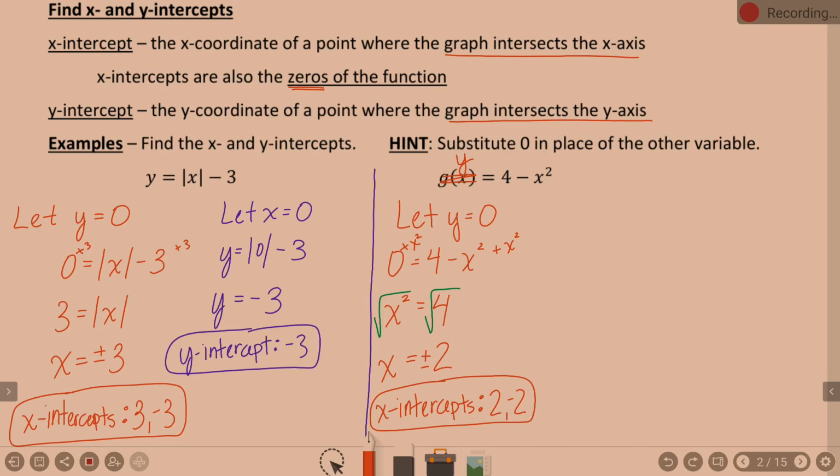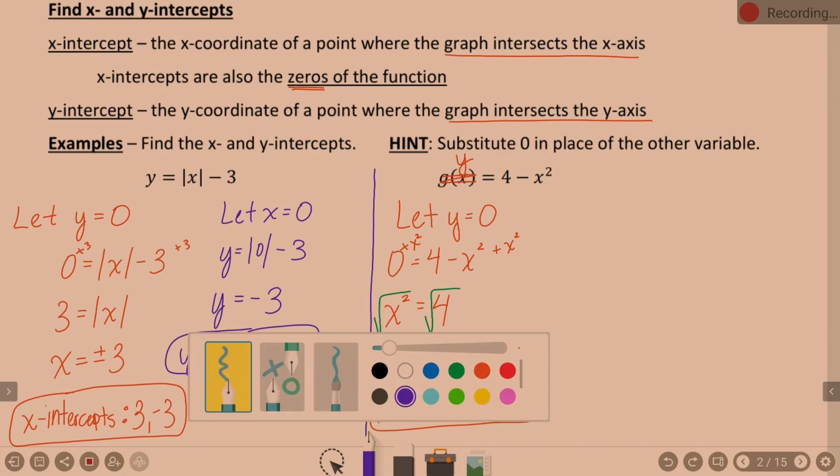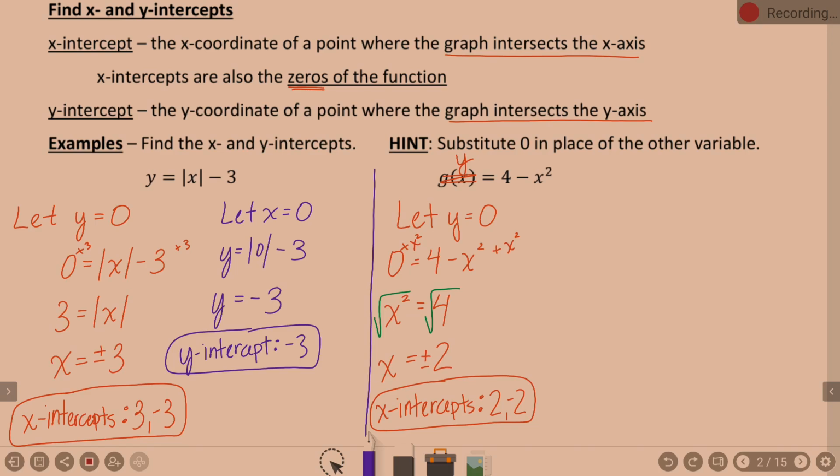And we still need to talk about y-intercepts. How do I find y-intercepts? If I want to find y, I need to get rid of x. So we're going to let x equal 0.